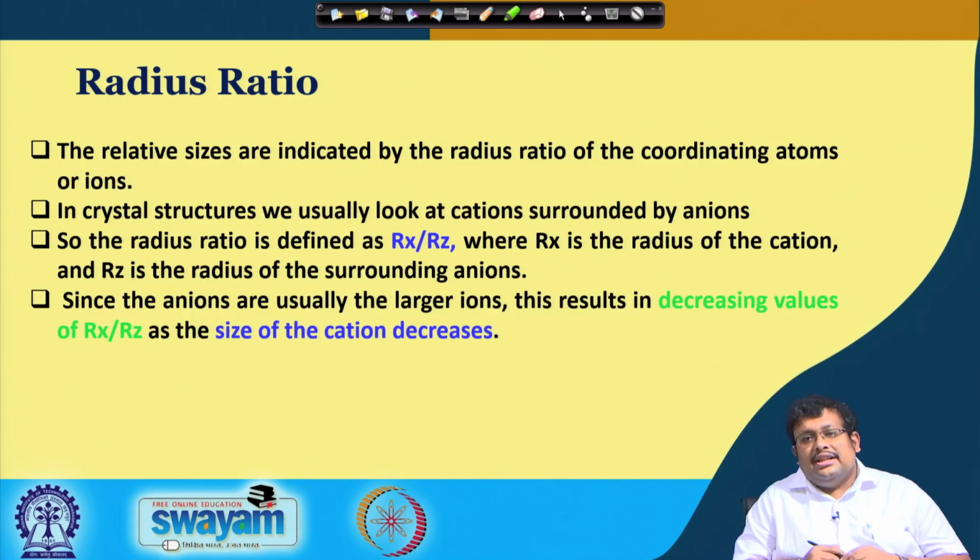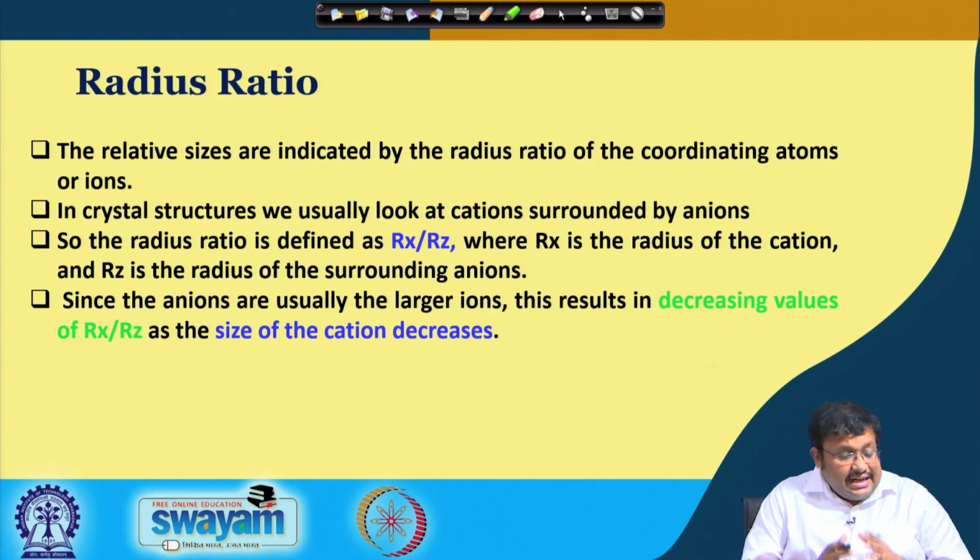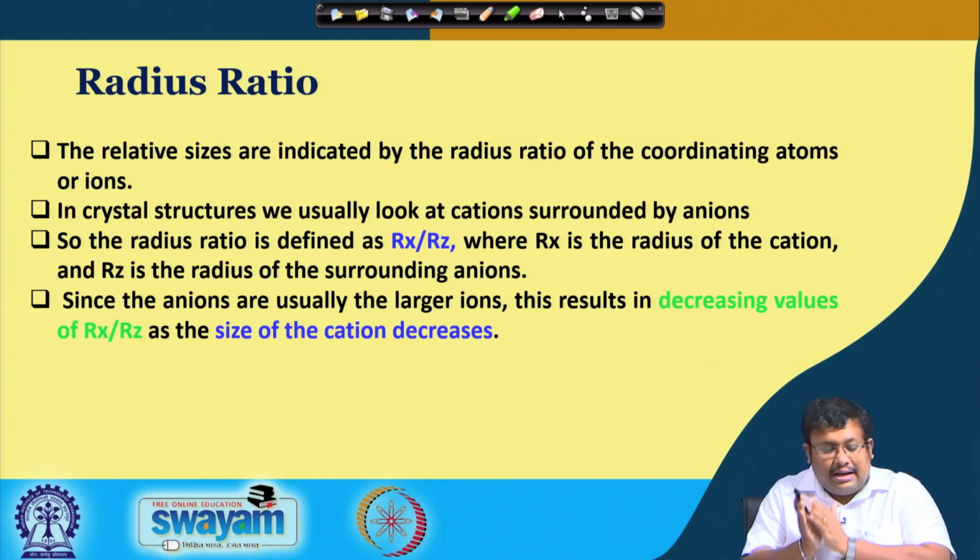Now another important thing which we discussed in our last lecture is called the radius ratio. Remember, the radius ratio is basically the ratio of the radius between the cation and the surrounding anions.